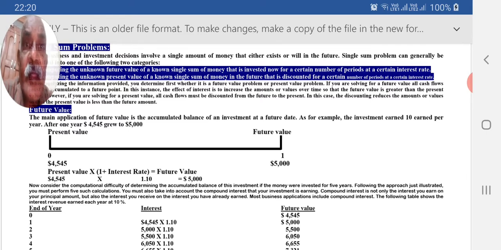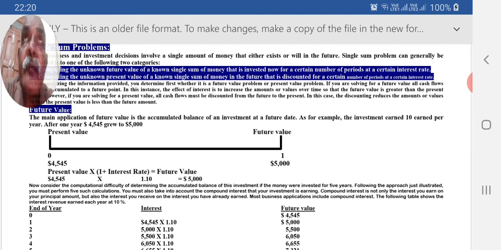So how do you calculate this? Future value is equal to present value multiplied by 1 plus i to the power n, where n is equal to 1 here. Present value is 4,545, multiplied by 1 plus the interest rate of 10%, which is 0.10.